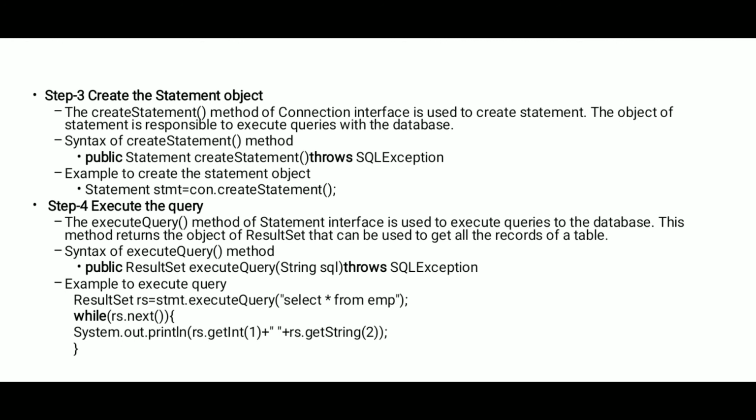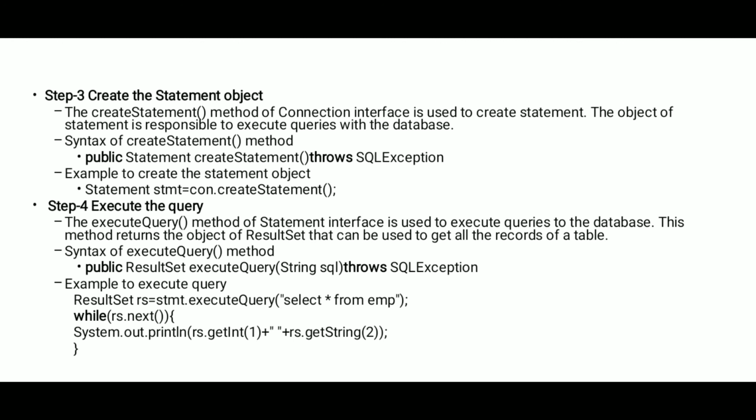Then step 3 is to create a statement object. After establishing the connection between the database and the application, you have to pass the request, or we can say the query, to the database. To pass the query to the database we need a statement object. Using the createStatement method of the Connection interface you can create a statement.